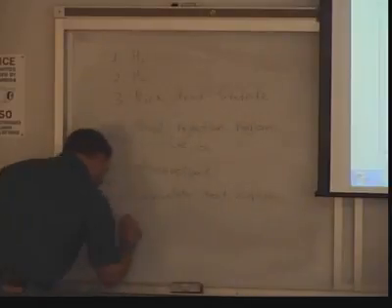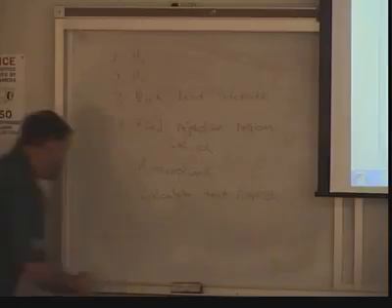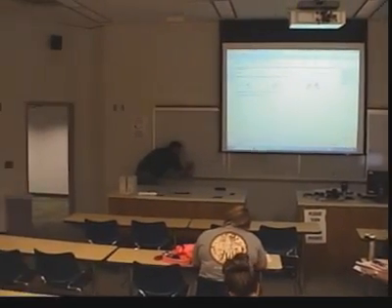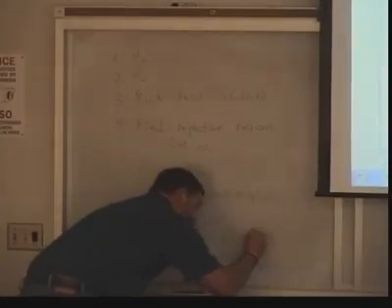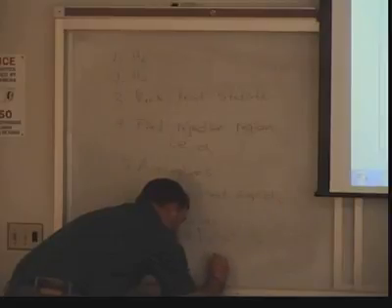And then what was 7? Conclusions. And the conclusions can only be one of 2 things. A is reject H naught, and this thing is just about to go. I forgot to get a marker again. And then B is fail to reject H naught.